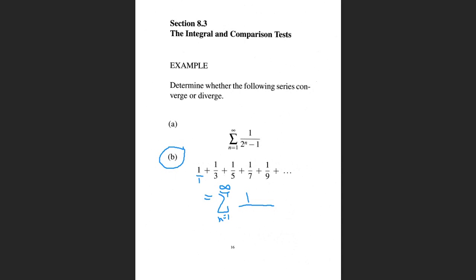The terms you have on the bottom are 1, 3, 5, 7, 9. They're odd terms. So what would the formula be? What do you think? 2n minus 1. That's right. Good. 1 over 2n minus 1.